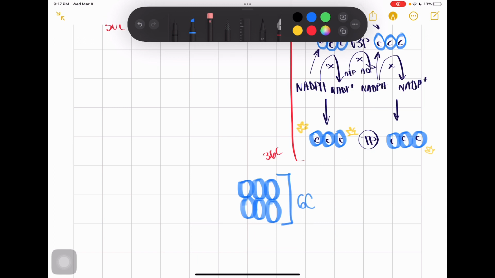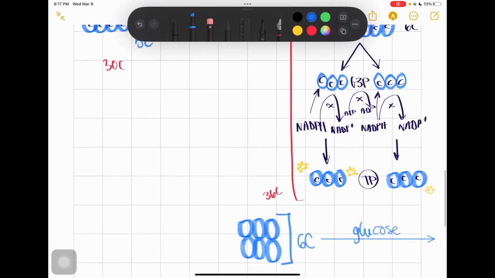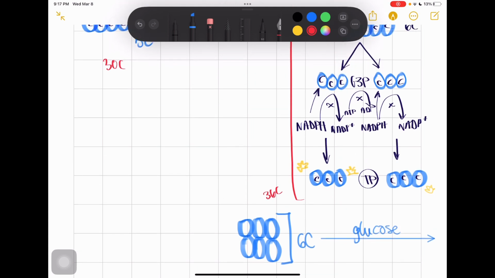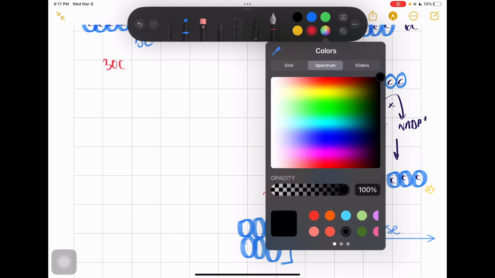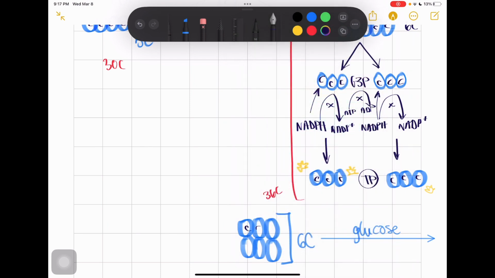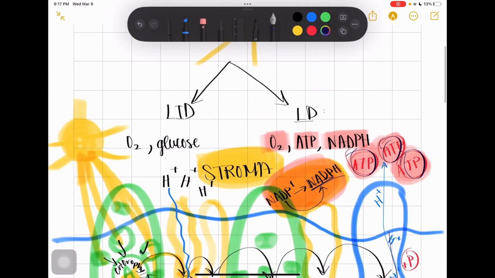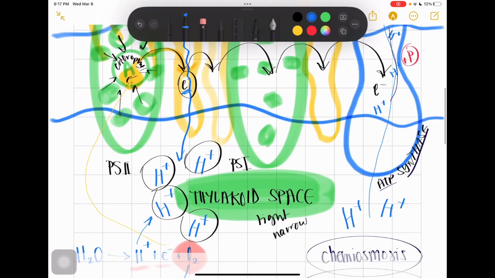Oh, it's going to turn into glucose. Okay, so those are the 6 Cs. They're going to leave, and they're not going to be part of this Calvin cycle anymore because we already made our glucose, which is our byproduct. Can we check that off the list now? Oh, we already made our oxygen. Now we finished making our glucose.